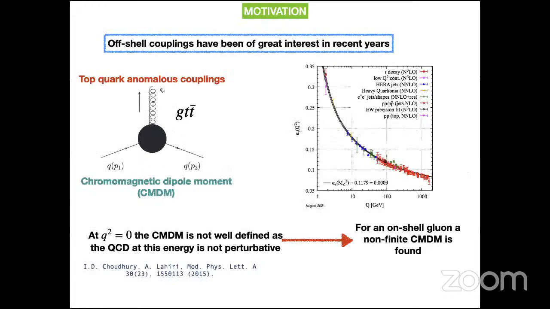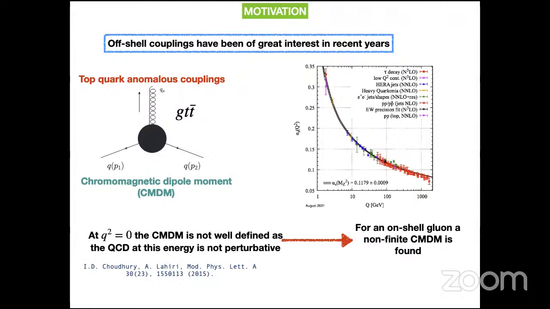Okay. So I want to give the motivation of this work. The offshell couplings have been of great interest in recent years. For example, the gluon top anti-top coupling, especially the top quark anomalous couplings.